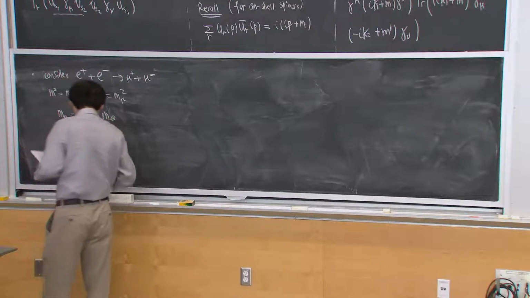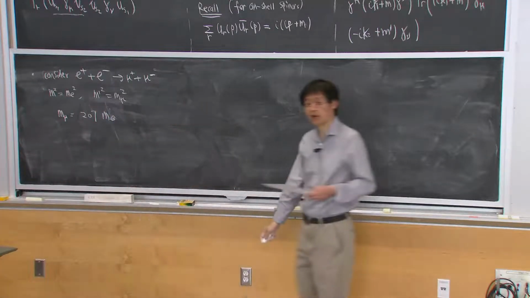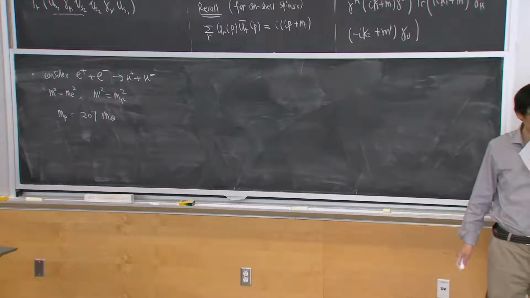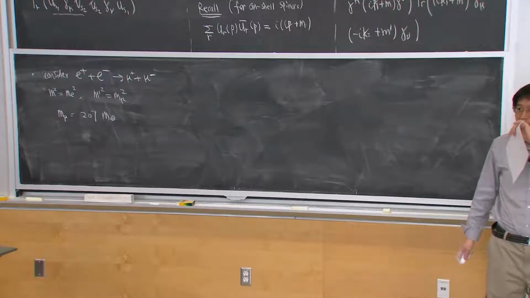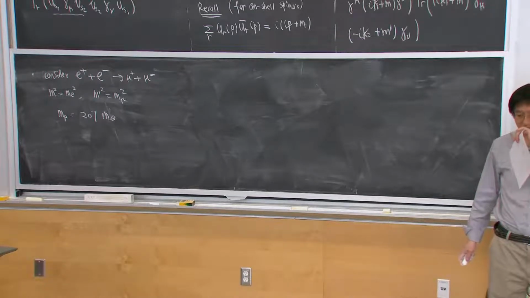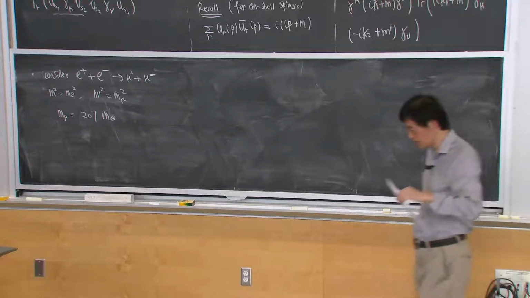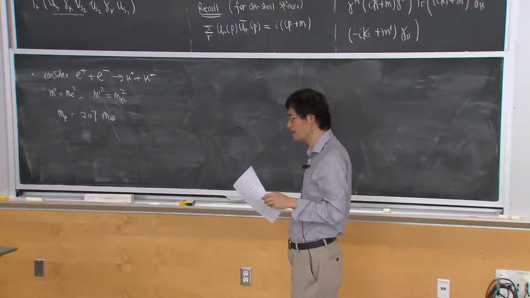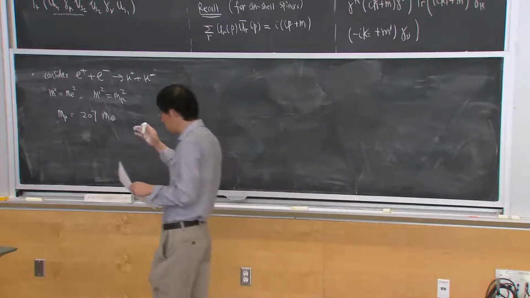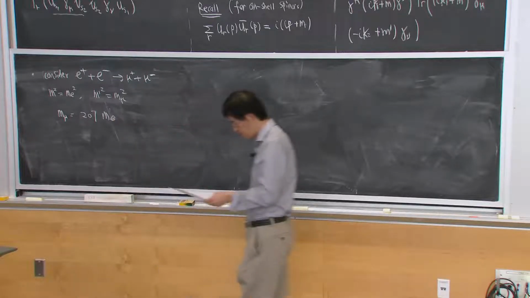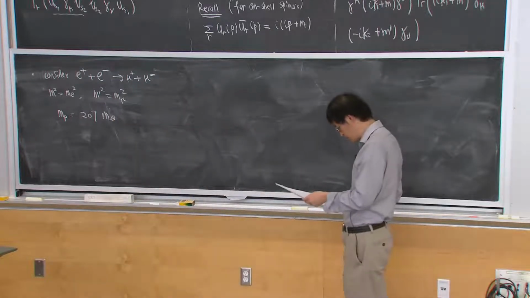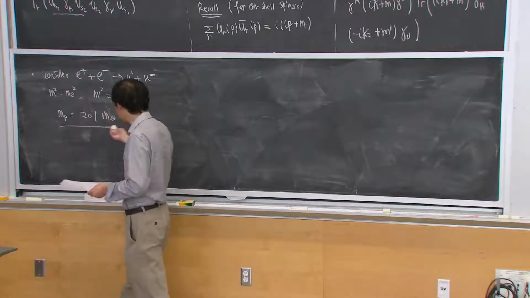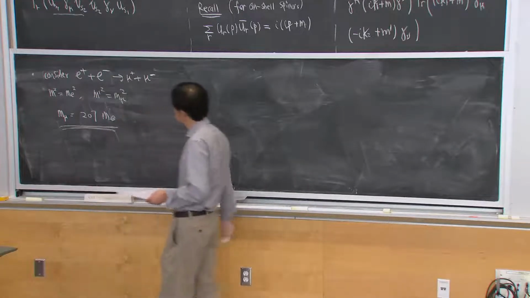So does anybody remember the electron mass? Yeah, it's 0.511 MeV, and the muon is 207 times the mass of the electron.